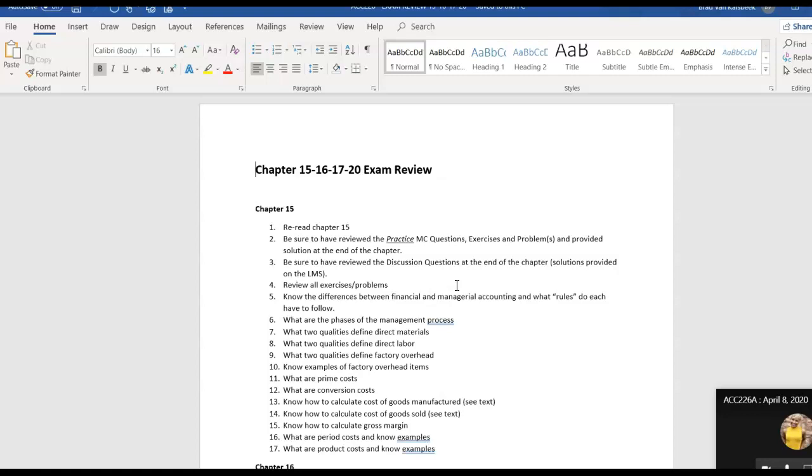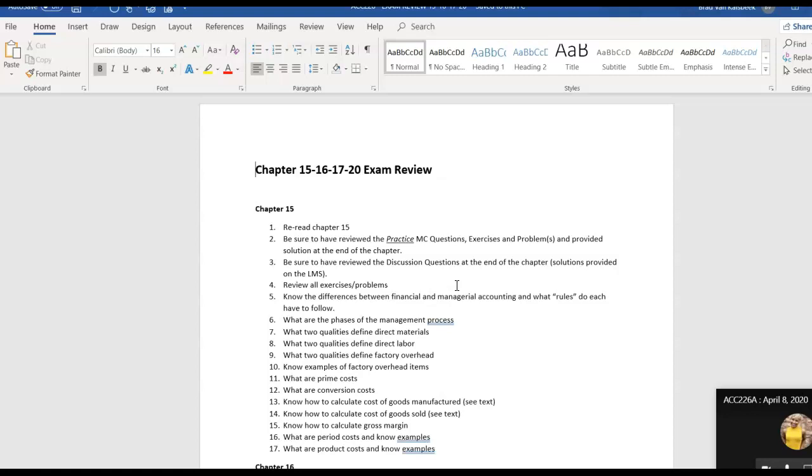Number 5, look at page 751. Page 751. What are the phases of managerial accounting, or the phases of the management process? Look right at the top of page 754. 754.